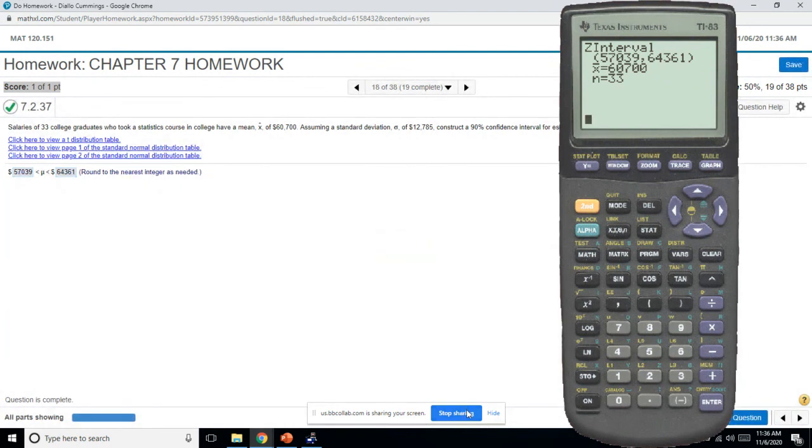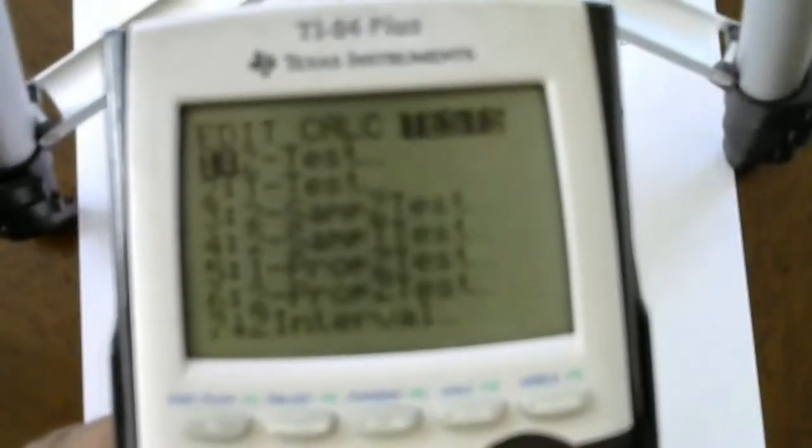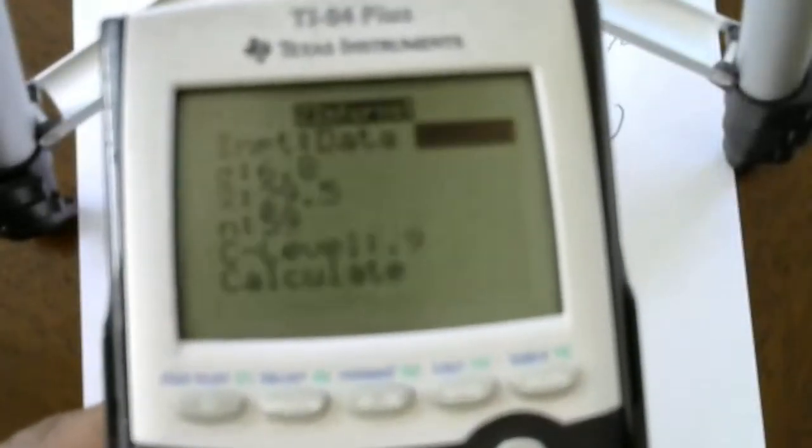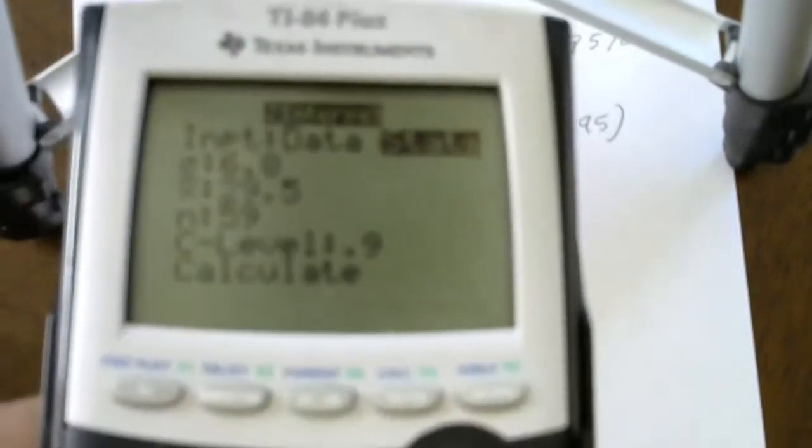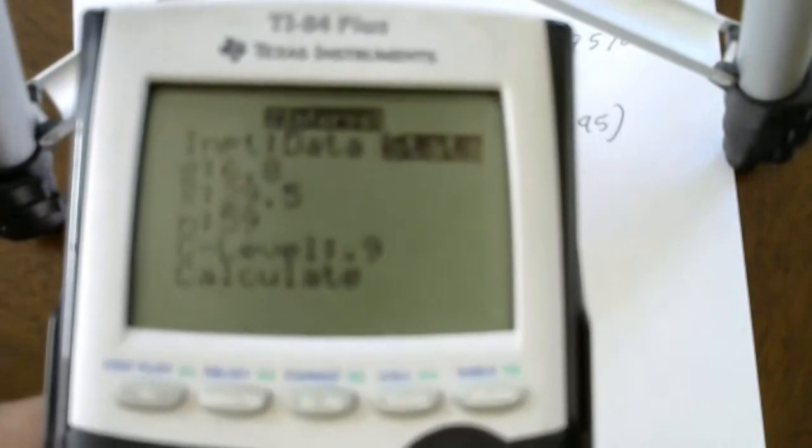I'll also do the same thing on the TI-84. So I'm going to go into statistics. We want Test. I'm going to select ZInterval. I'm going to put in the statistics.